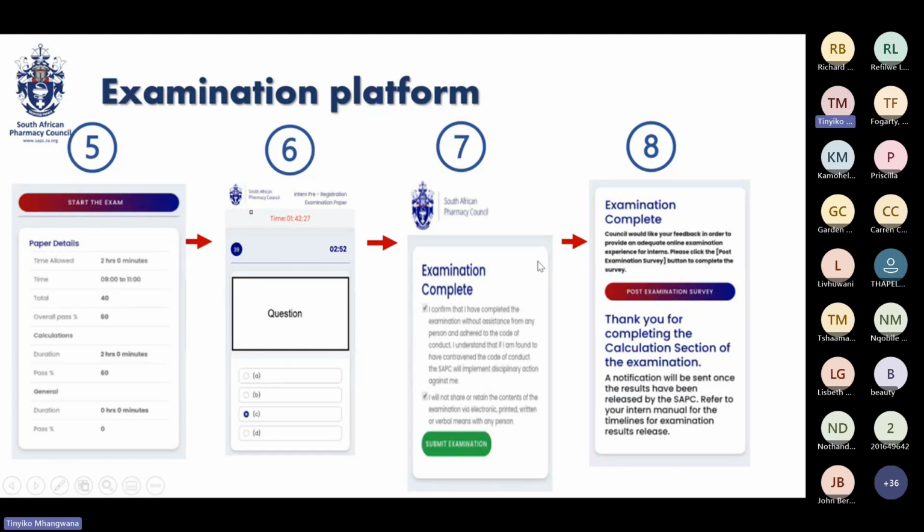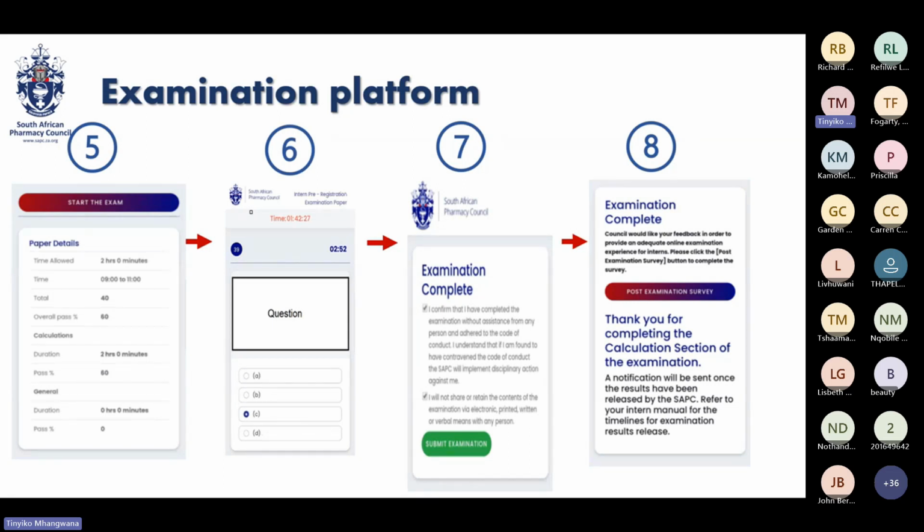After completing all the questions, you will have to also do a declaration again at the end of the exam, wherein you're declaring that you are the one who completed the exam without assistance from any person and you had adhered to the code of conduct.